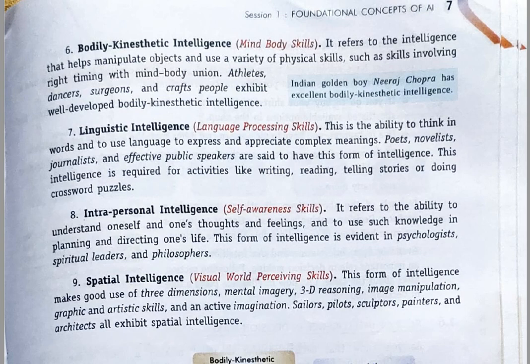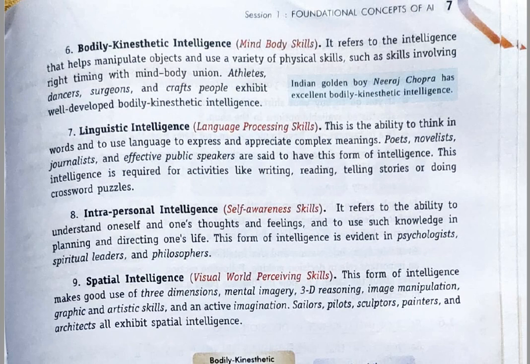So, if you can look inside you and you can search inside yourself, you can talk to yourself. Okay, this is called intrapersonal intelligence. This form of intelligence is evident in psychologists, spiritual leaders, philosophers. They are having intrapersonal intelligence.